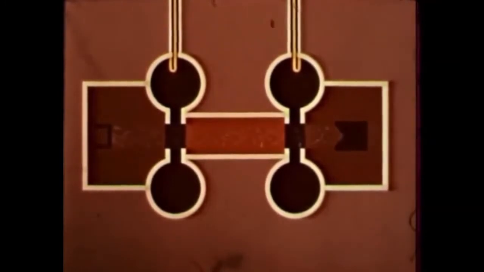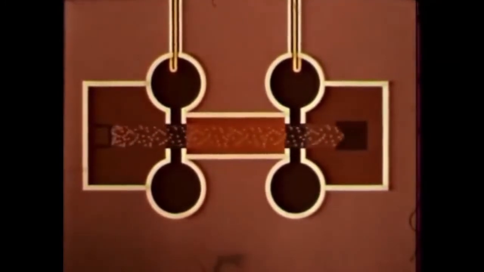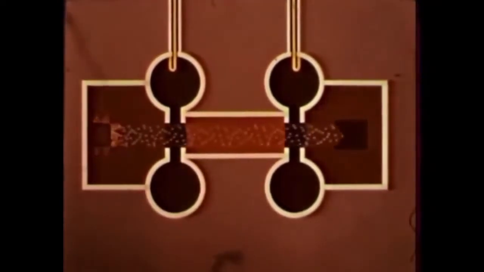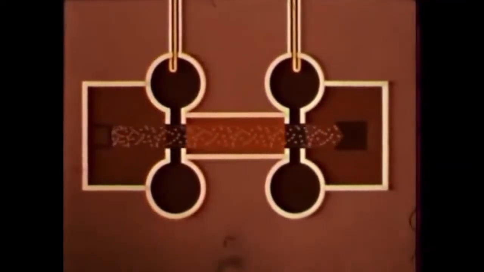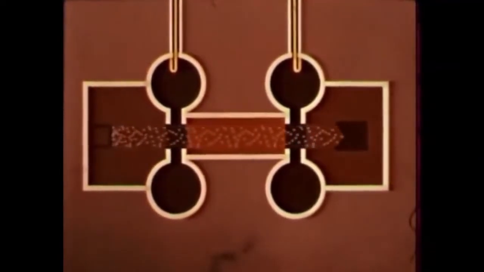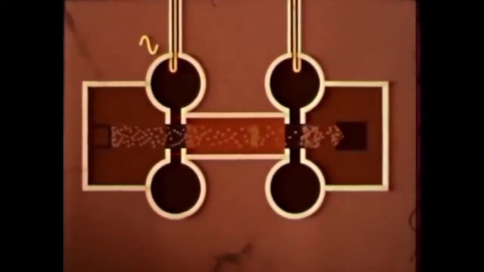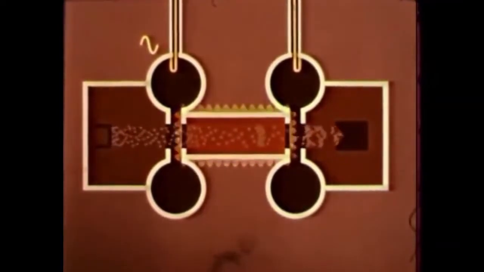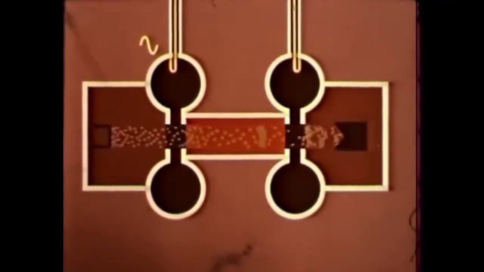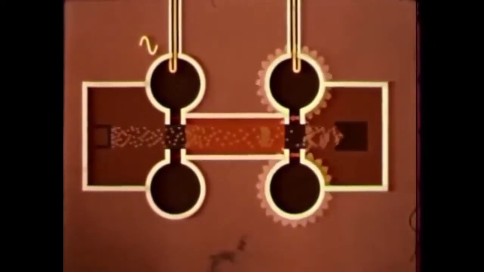Summing up the whole action of the klystron, the electrons coming from the cathode enter the first resonator with high kinetic energy. This first resonator is set into oscillation by the input signal so that the beam is modulated and bunches are formed in the drift space. These bunches, in turn, set up an electromagnetic field of the same frequency in the second resonator.